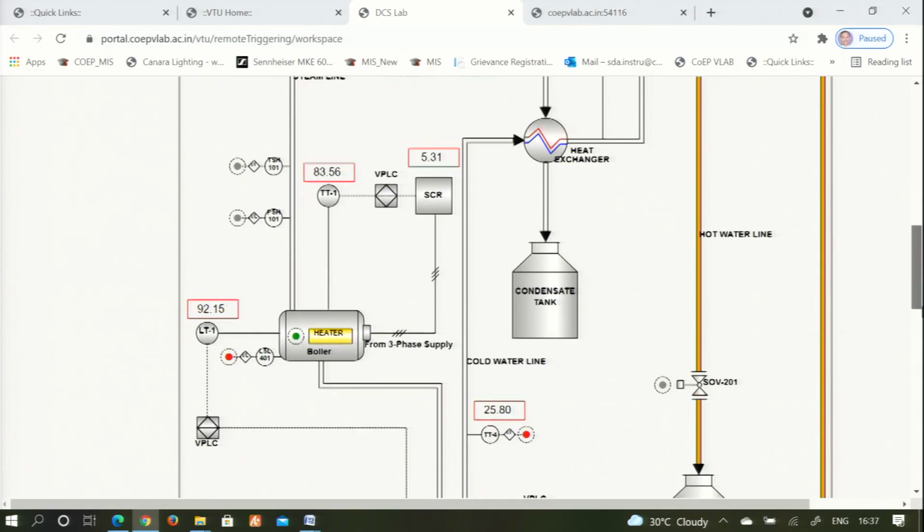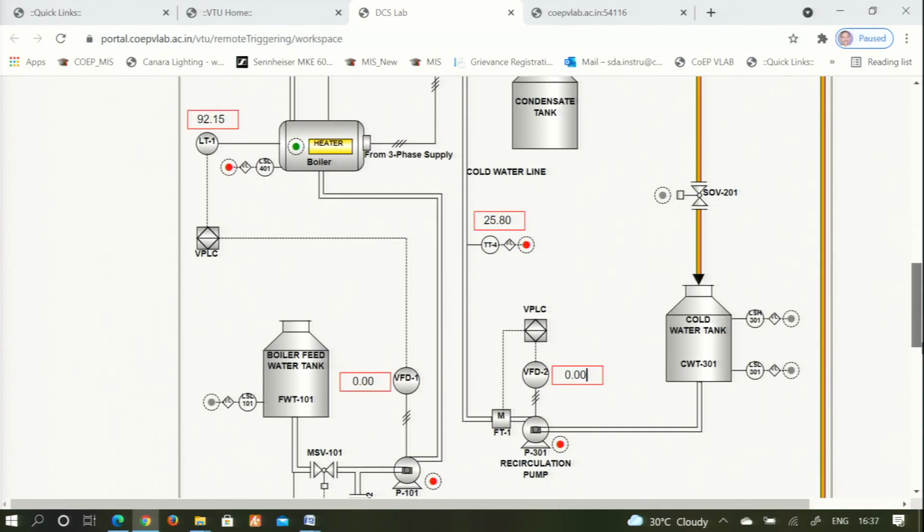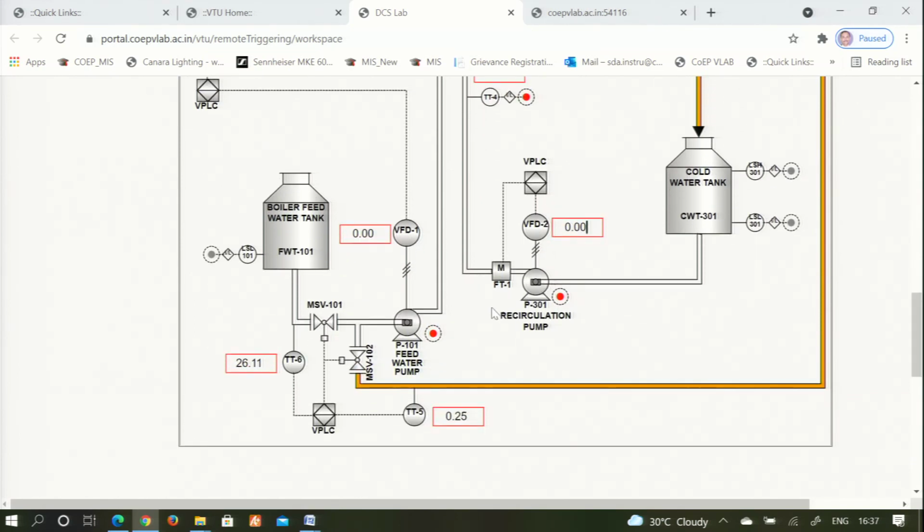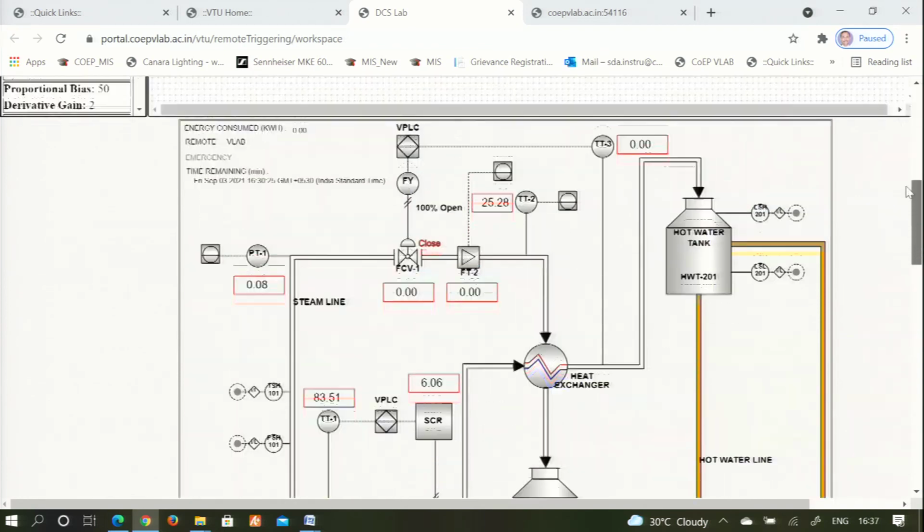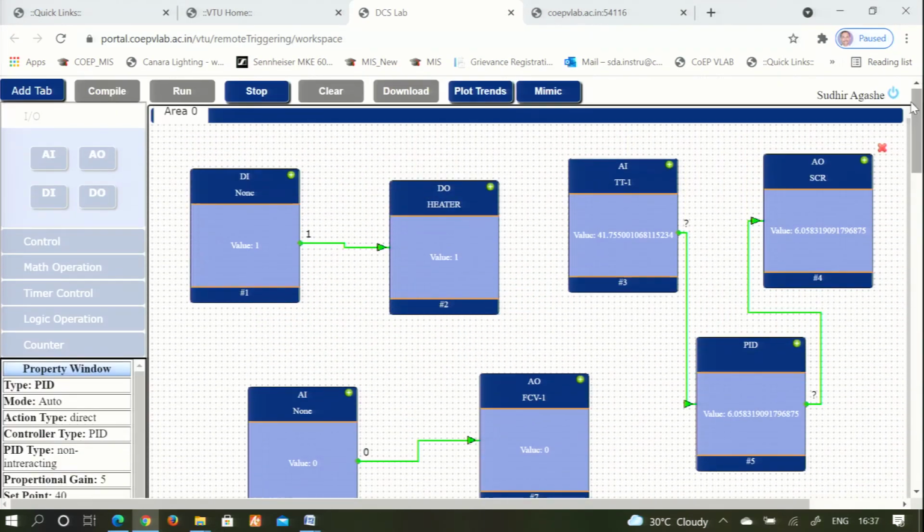Whenever the plant is running, whichever action is being taken by the student, every action and every parameter of this mimic, like level, temperature, pressure, flow, firing angle, running speed of the pump, all actions, all parameters are being logged at the back end in the data server available for the remote triggered lab every 500 milliseconds.